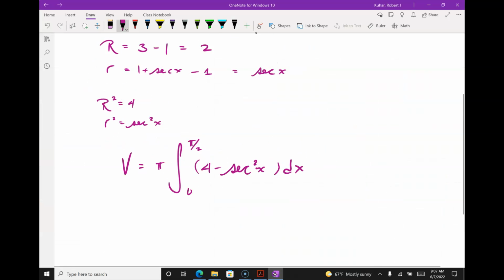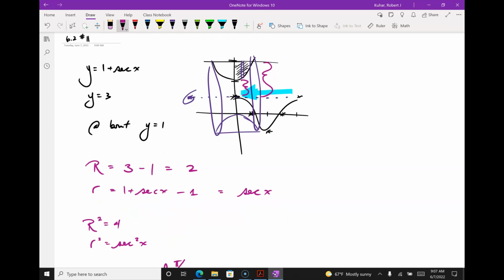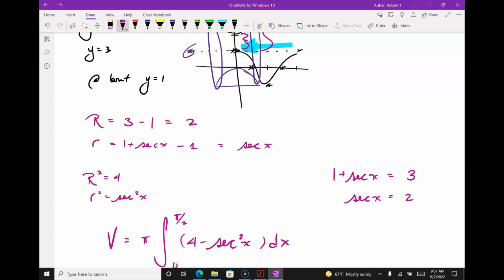So I know my intersection is right here, right? That's where the two graphs meet. So I know that 1 plus secant of x has to equal 3, or secant of x has to equal 2, which means cos of x equals 1/2.